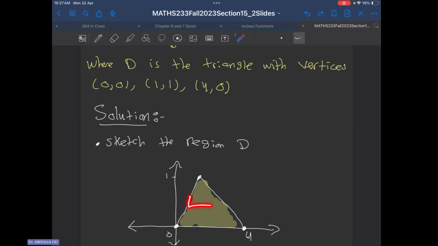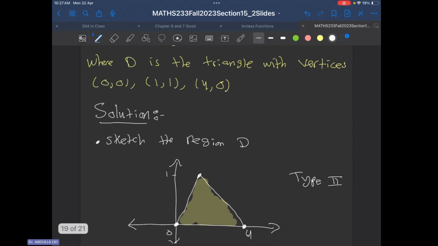So let's try type 2. Now, if we move this triangle to the top, the left and the right will stay the same. If we take this triangle down here, the right and left will be the same. So this is a very good candidate for a type 2 region.